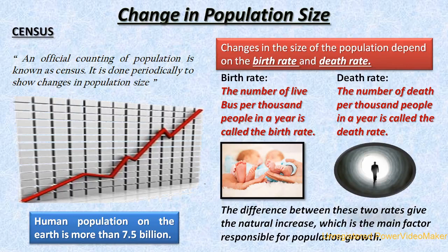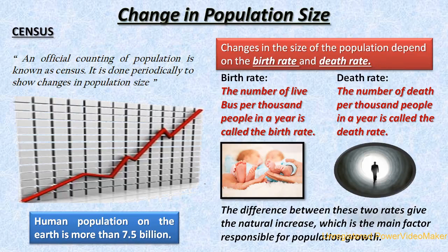So which is the main factor responsible for population growth? Natural increase. Once again, what is natural increase? The difference between these two rates gives the natural increase. So this is the main factor which is affecting population size.